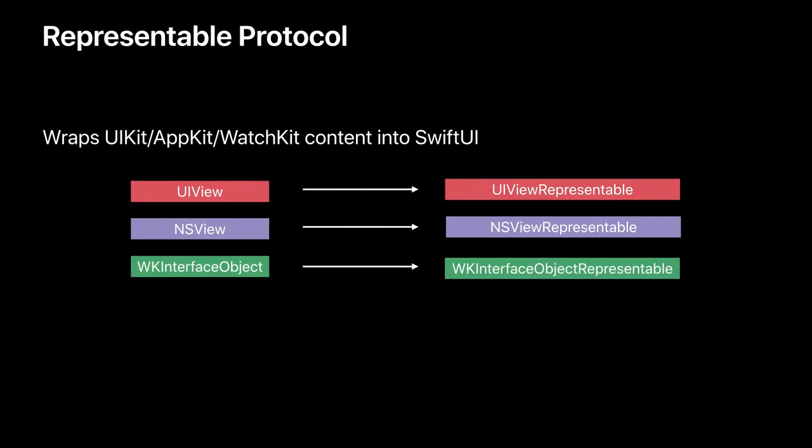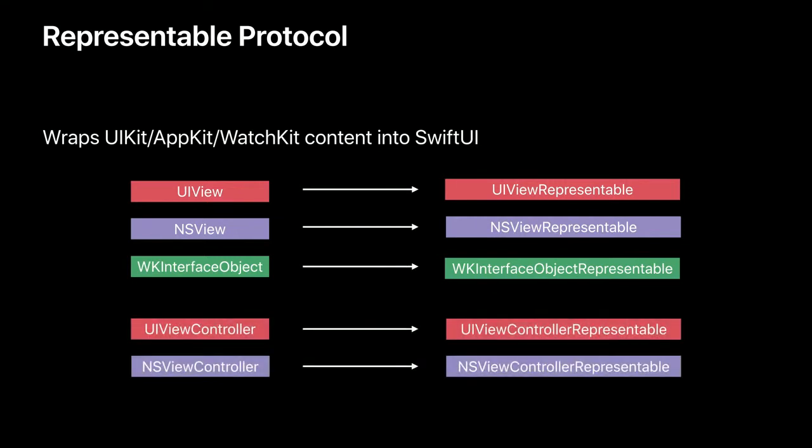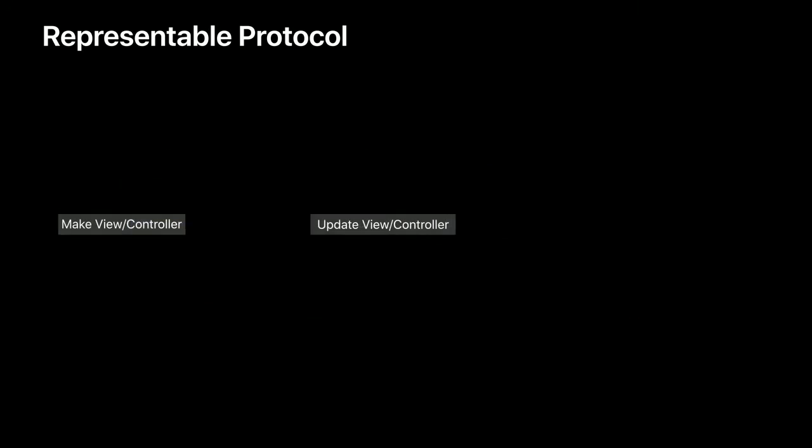Additionally, we can also present view controllers in SwiftUI with the help of view controller representable protocols. The Representable protocol has two required methods, the make method and the update method. The make method is where you create the view or controller that you want to present in SwiftUI.